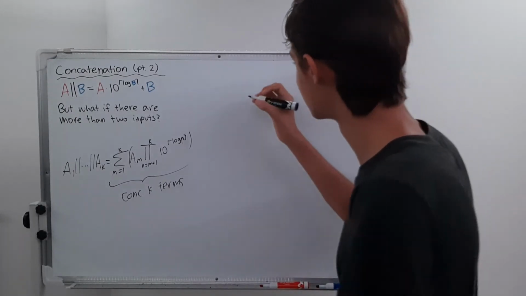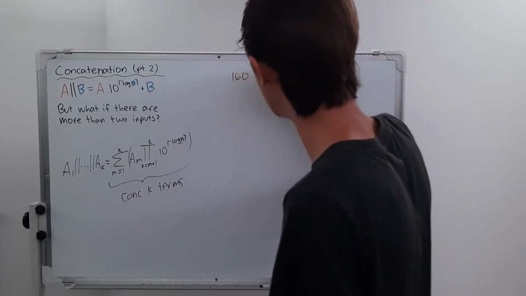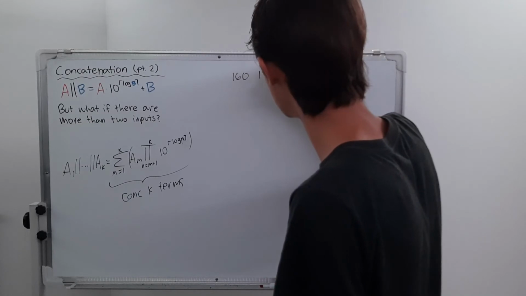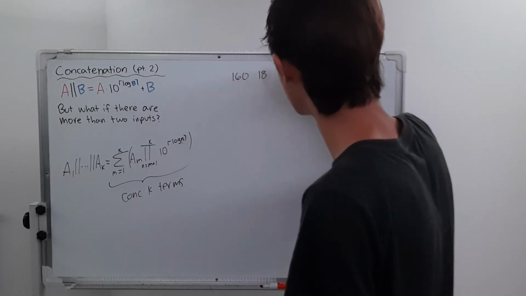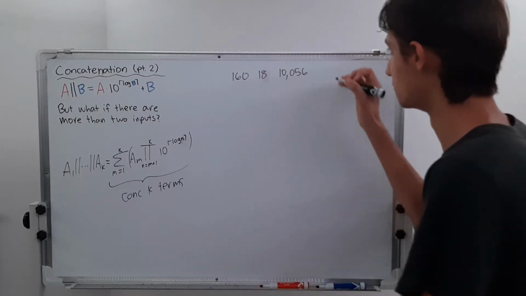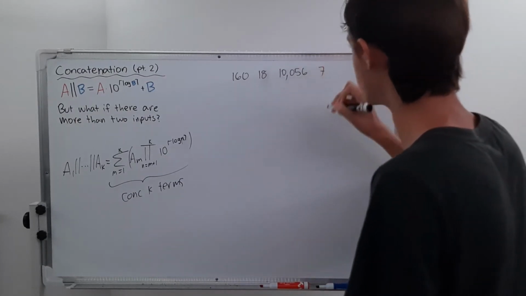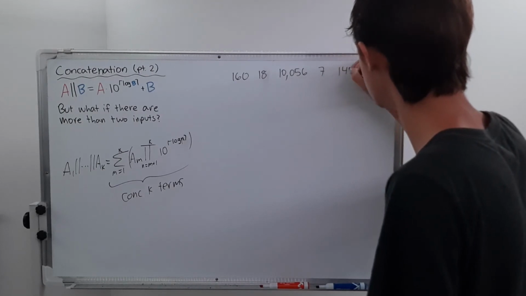So, let's say we have 160, 18, 10,056. It really doesn't matter what we use. I'll put a 1-digit number in there, 7, and then I'll put like 4 digits, 1462.